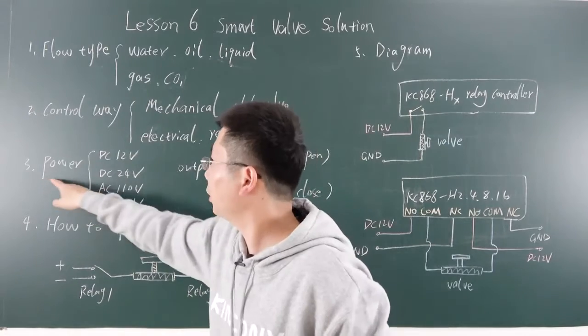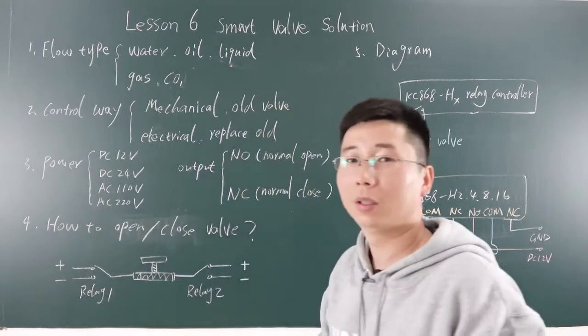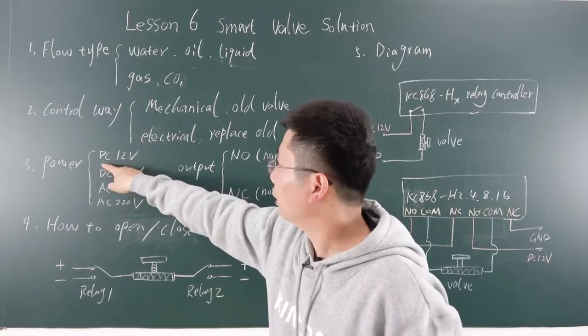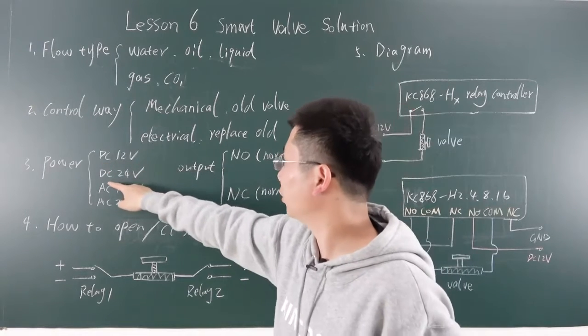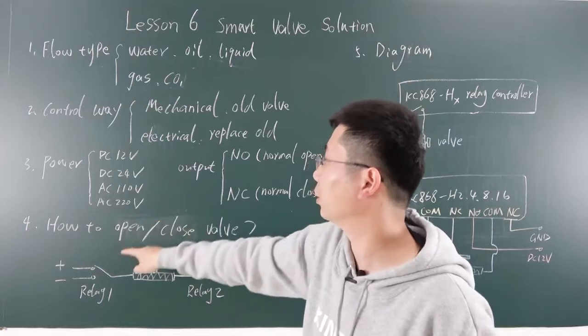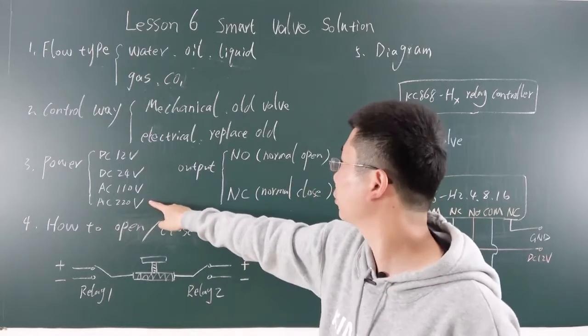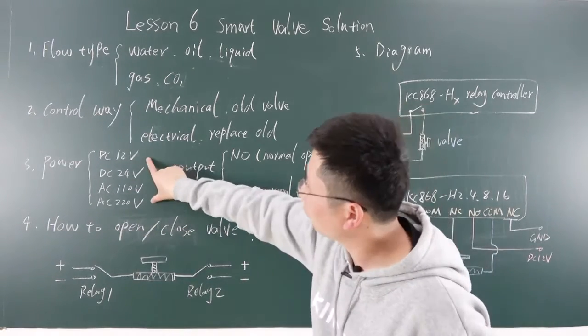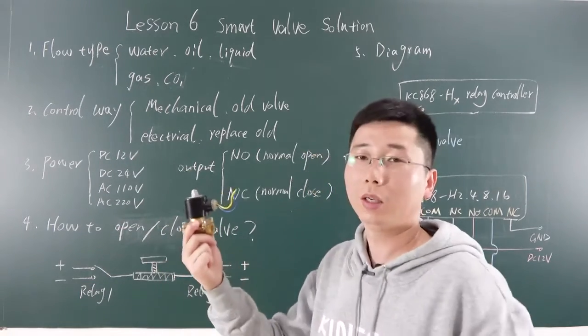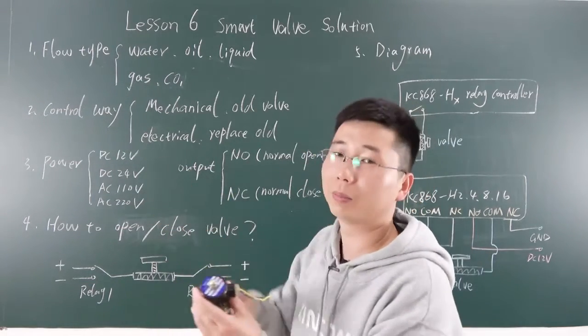And the third is the power supply for the device. Maybe you have DC 12 volts, or DC 24 volts, or AC 110 volts, or AC 220 volts. These are different voltages you can choose. Like this electrical one, there are many different power supplies.